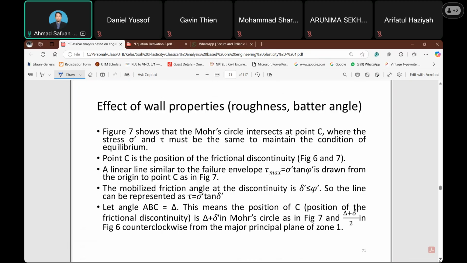So the mobilized friction, then we need to draw the maximum to identify the mobilized friction angle at the discontinuity. So this is the line that needs to be drawn, and it should intersect the point C.